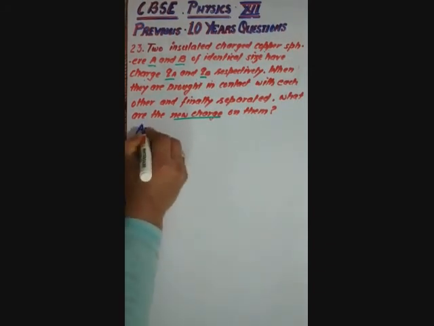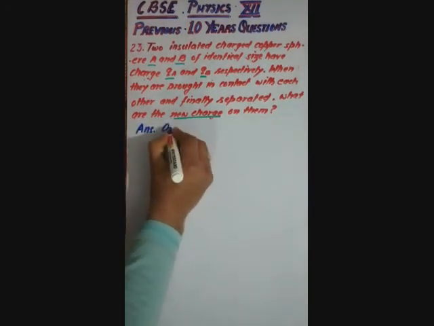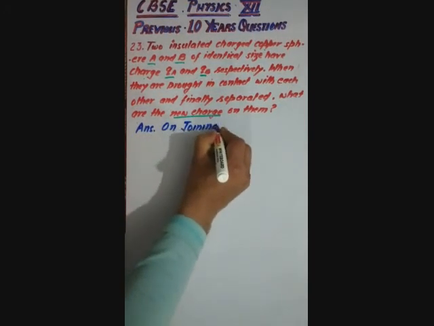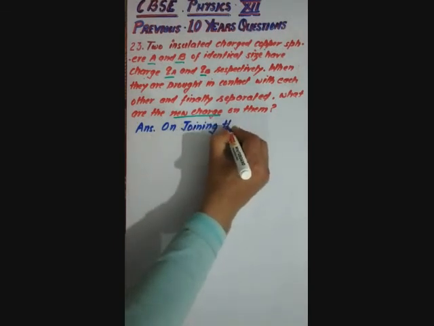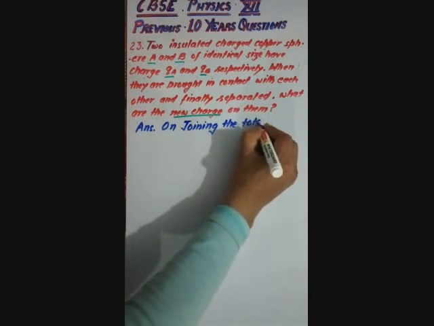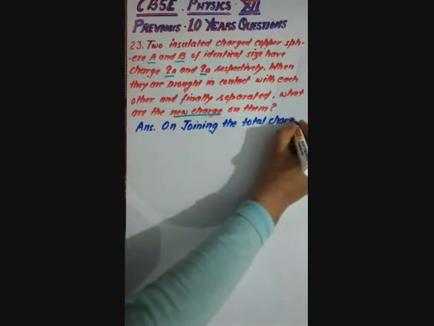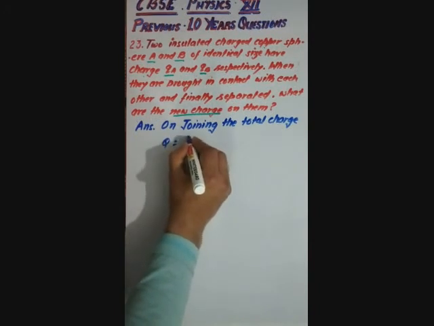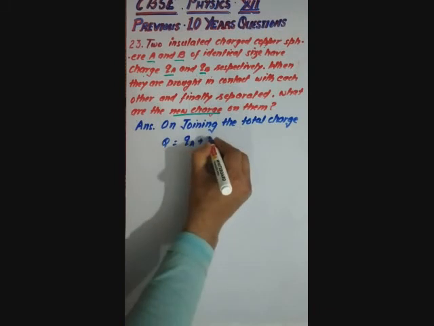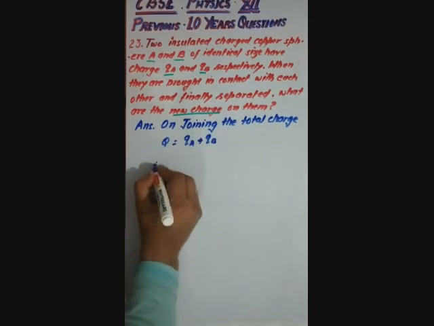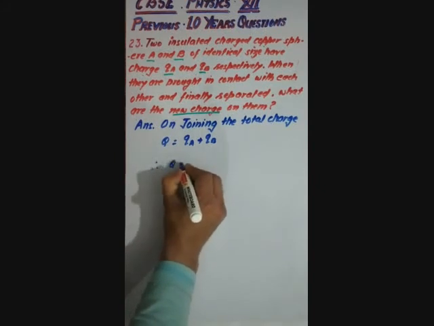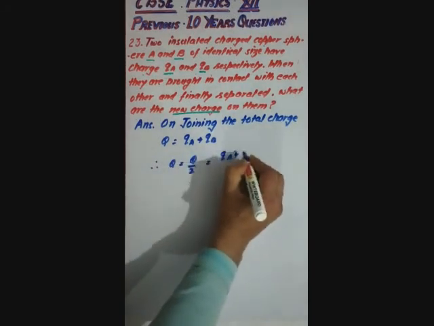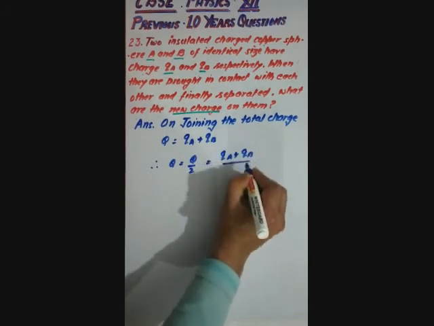Answer: on joining, the total charge on the spheres Q equals charge on A plus charge on B. Therefore, Q by 2, or QA plus QB upon 2.